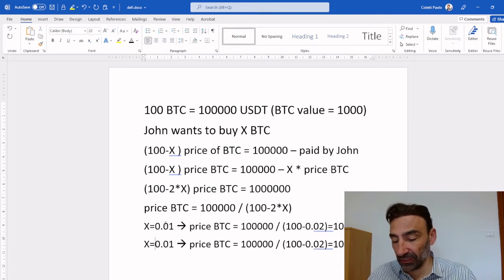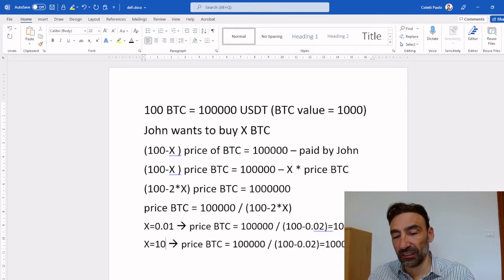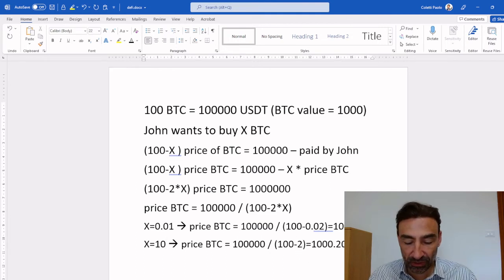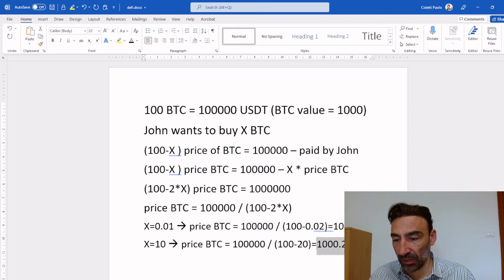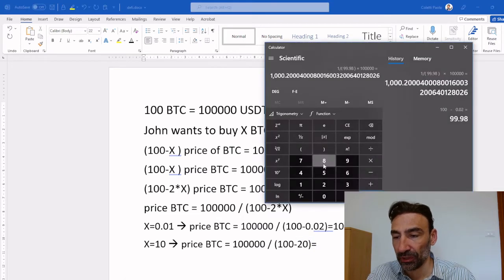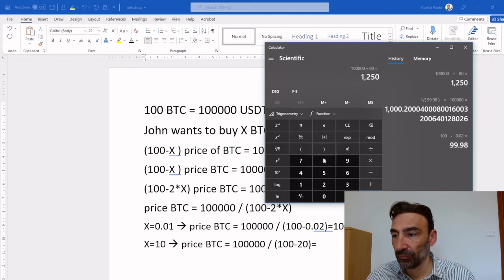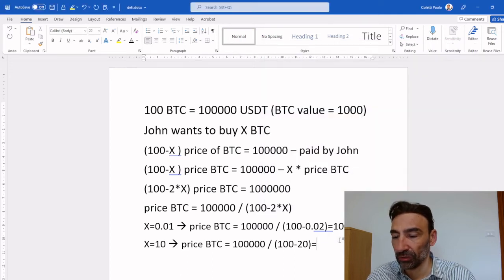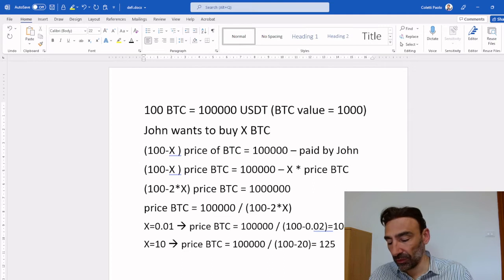If John, on the other hand, tries to buy a large quantity, let's say 10% of the remaining Bitcoin, this changes because here it's 20, and the situation changes completely because it's 100,000 divided by 80. Price much higher. Why is it much higher?